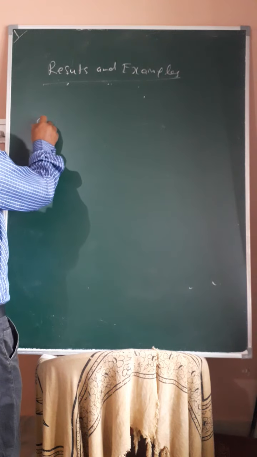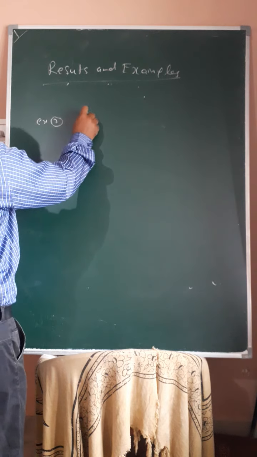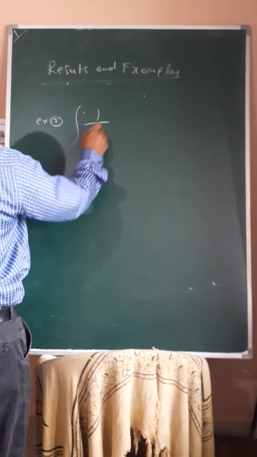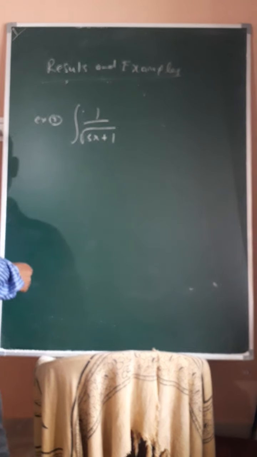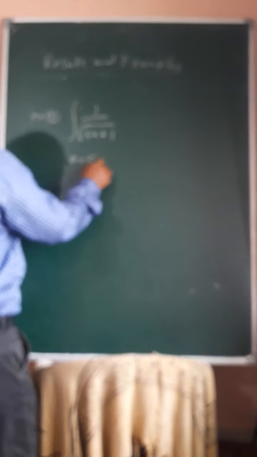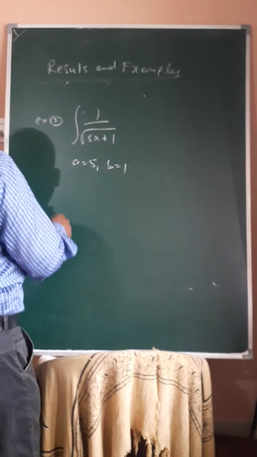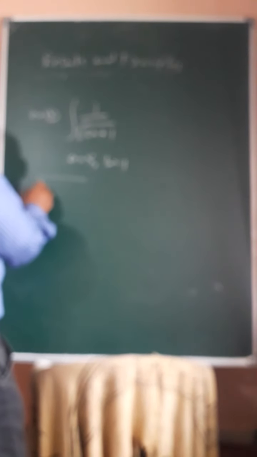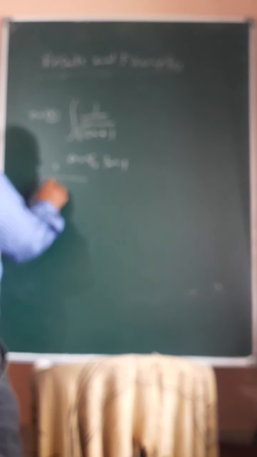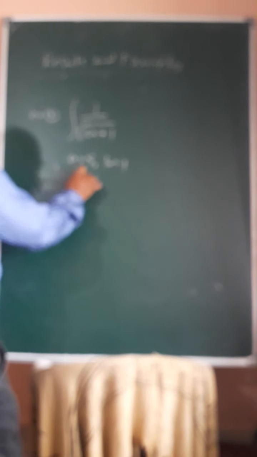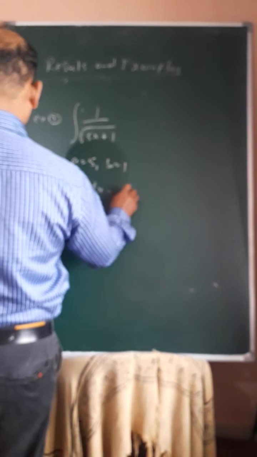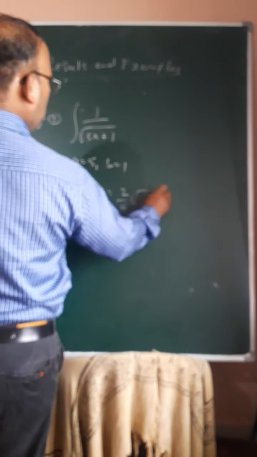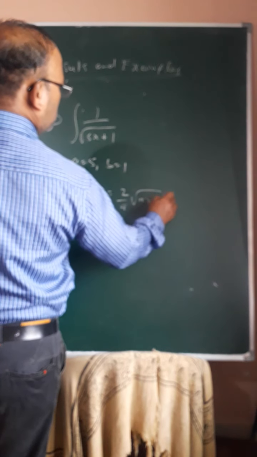Then you can take another example, that is example 2: integration of 1 by square root of 5x plus 1. Here a is equal to 5 and b is equal to 1. What is our formula? Integration of 1 by square root of ax plus b dx is equal to 2 by a square root of ax plus b plus c.